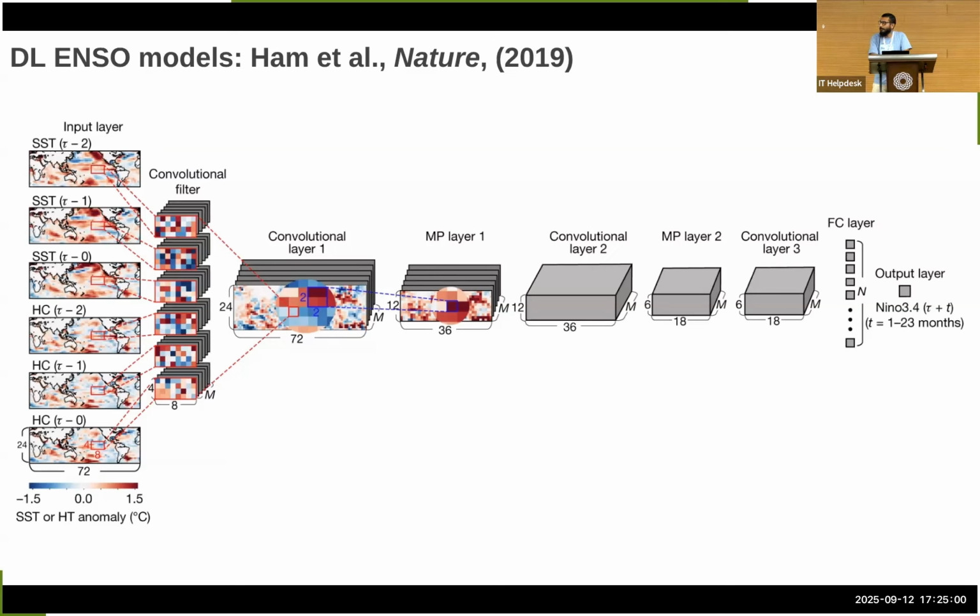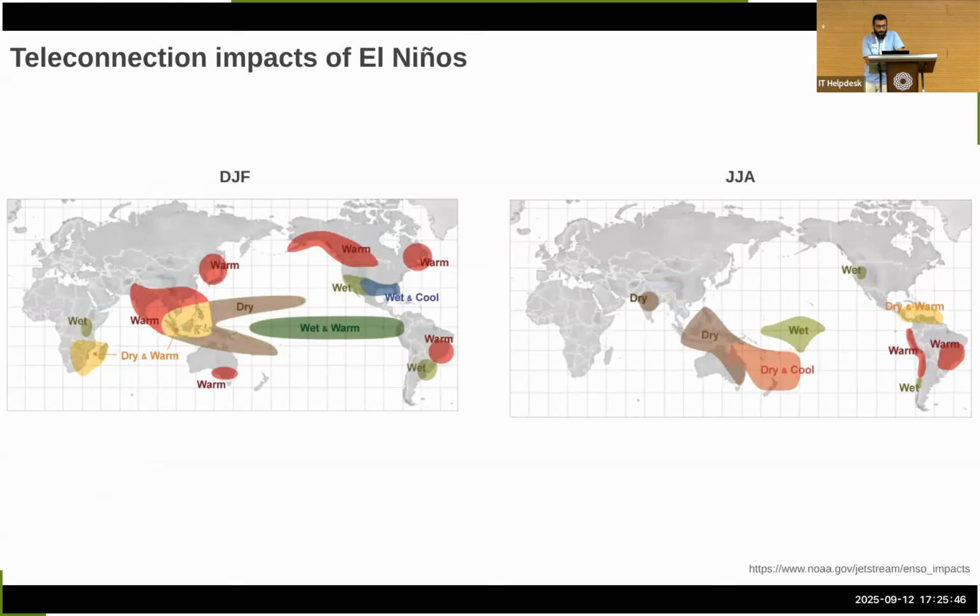I don't know so much about the biodiversity, but I think El Ninos would have an impact.